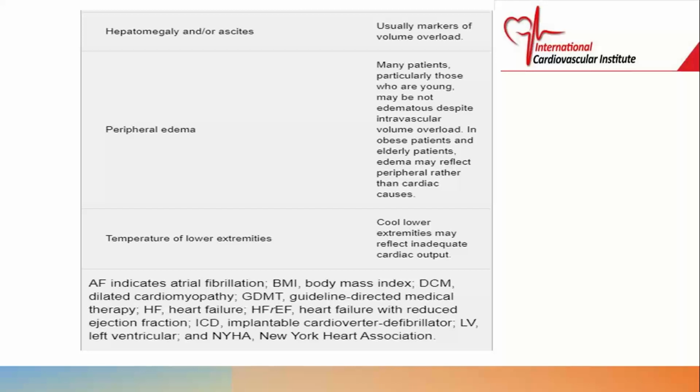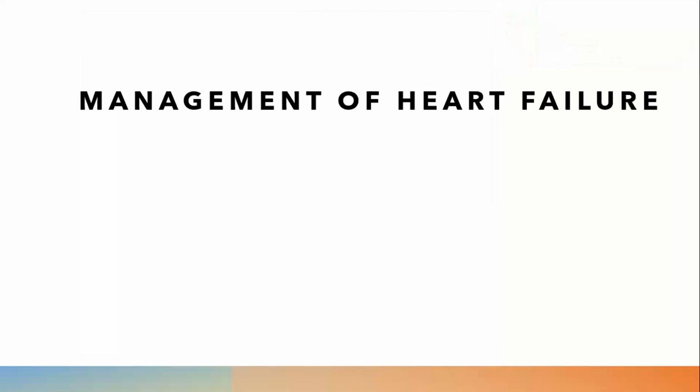The liver will be enlarged, and sometimes you get a tender hepatomegaly because the liver capsule is stretched, and when you palpate the liver, it will be tender and enlarged. Look for ascites as well, peripheral edema, and then if the lower extremities are cool, they may be dusky, which suggests a reduced cardiac output.